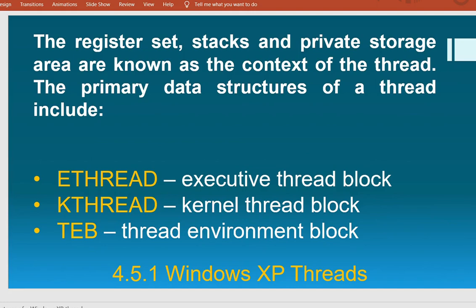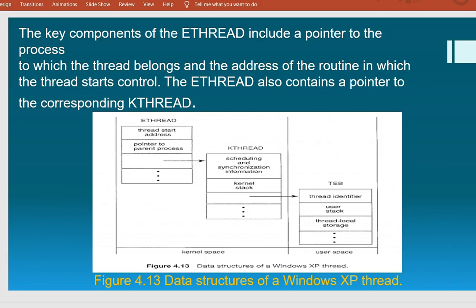The primary data structures of a thread include the ETHREAD, which is the executive thread block, the KTHREAD, the kernel thread block, and the TEB, the thread environment block. You can see this is the data structure of a Windows XP thread.